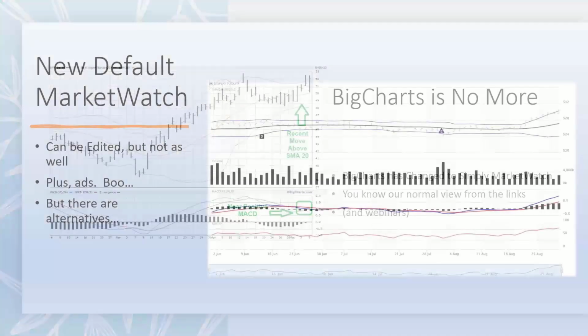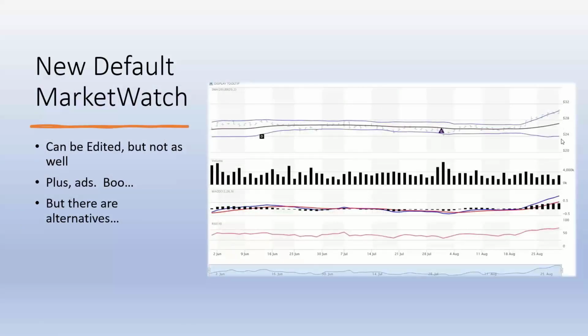The new one, well, it's a little bit flattened. It's only looking at about a 5 to 10% movement. So it's more flattened, and as you can see, the lines that I like to use are harder to read. Candlesticks are just as easy to read on MarketWatch, I think, as they are on big charts.